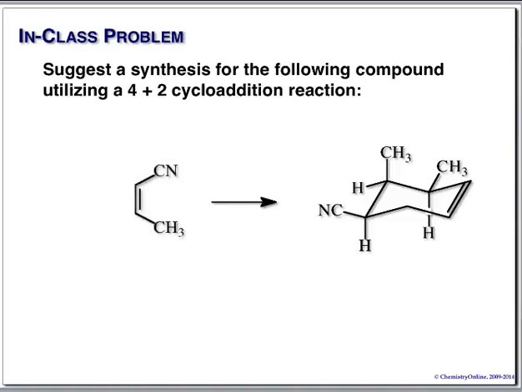The two carbons of our diene are going to be this one and this one. This one just has hydrogens, this has a methyl, so it doesn't really matter how you put it in, it would look like that.